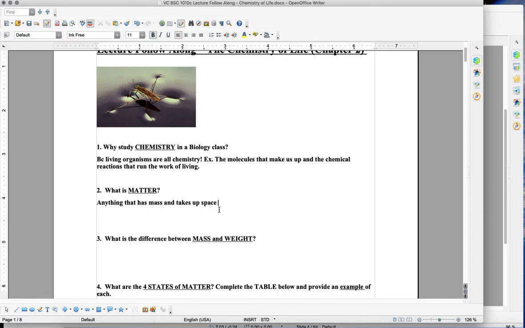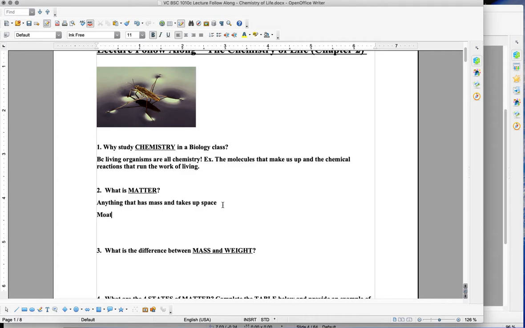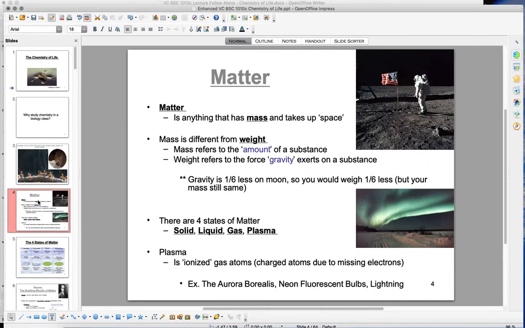Okay, and matter is also the most basic building block of life.